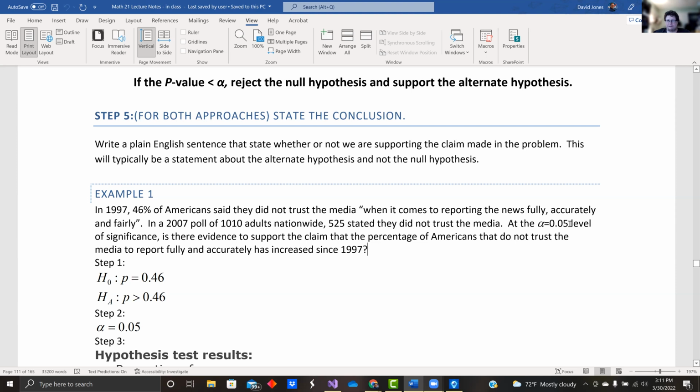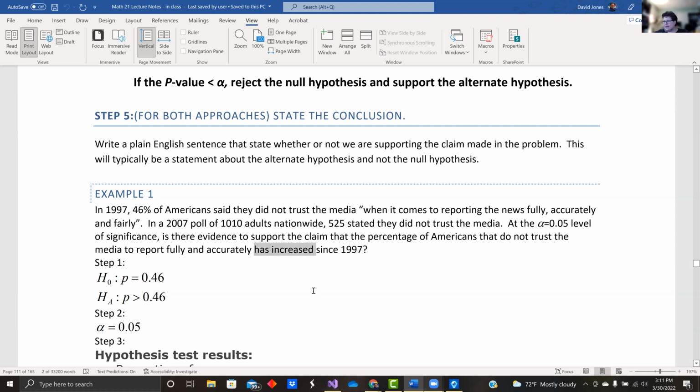They give me alpha. They tell me the level of significance is 0.05. I can just throw that down right now. And then they ask, is there evidence to support the claim that the percentage of Americans that do not trust the media has increased? Has increased means goes up.